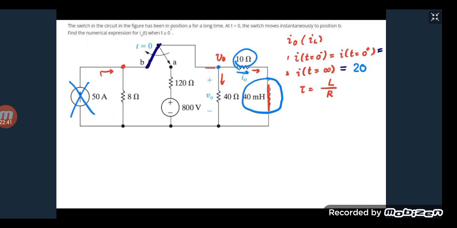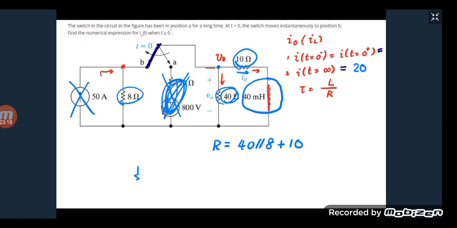It is 10 ohm and 40 ohm. And this part has disappeared. So the overall R is equal to what? It's the parallel connection of the 40 and 8, plus 10. Any questions? Got the idea?